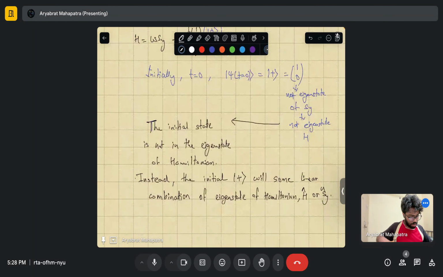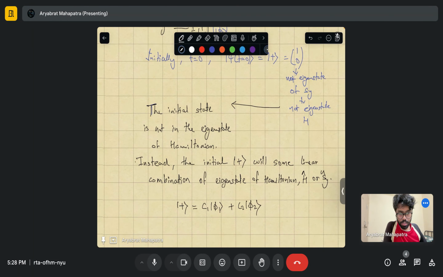So that means plus has to be some linear combination C1 phi 1 plus C2 phi 2. Did you get why this will be a linear combination?